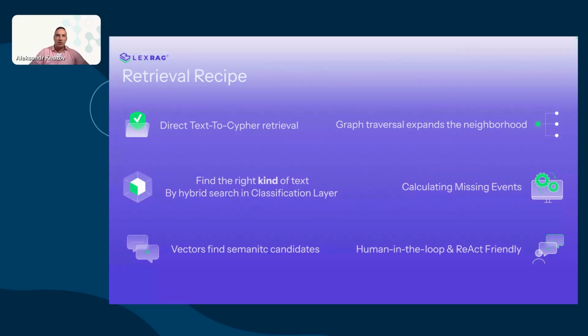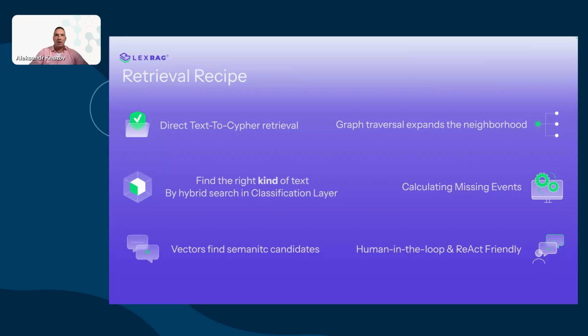So it also allows us to calculate missing elements, when you can extract what was not covered by the context, or extract some insights from a user query which can be missing. For example, if the user provides information about his case, he may not be providing some important details.